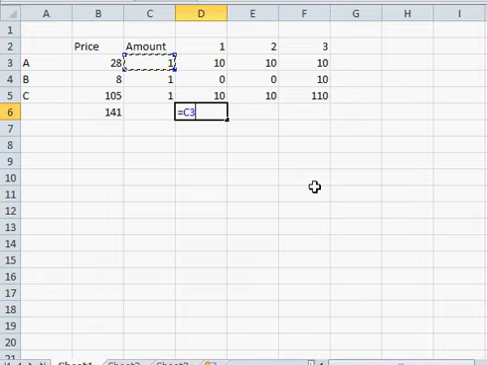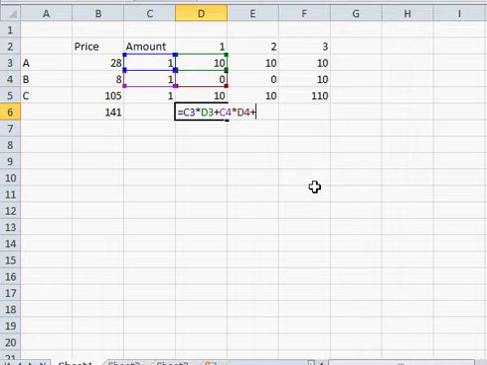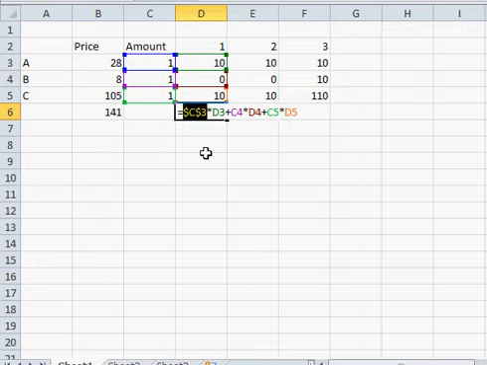And similarly, we can figure out the cash flow. So if I buy one A, I'm going to get $10 in the first year from A. And then I'm going to get $0 in the first year from B. And $10 in the first year from C. Since we want those amounts to stay put, I'm going to lock those in.